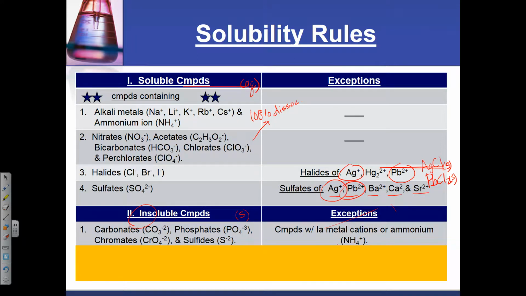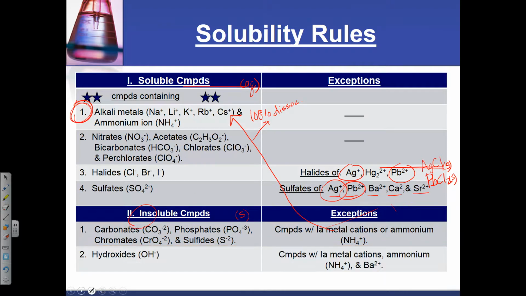The exceptions happen to refer back to our number 1 rule. Number 1 up here, remember, had no exceptions. So this rule trumps any rule that comes after it because these rules are hierarchical. And so the only exception will be if it has a 1A metal cation or ammonium. So remember, rule number 1 said 1A metal ions and ammonium are always soluble. So that's still going back to rule number 1.